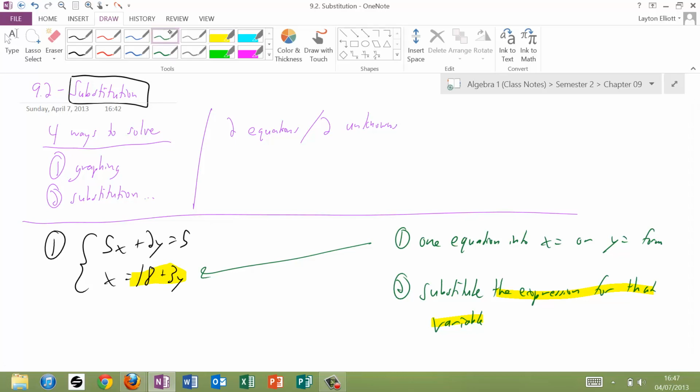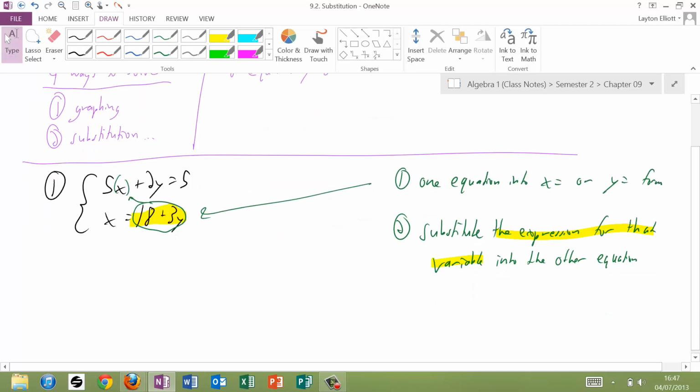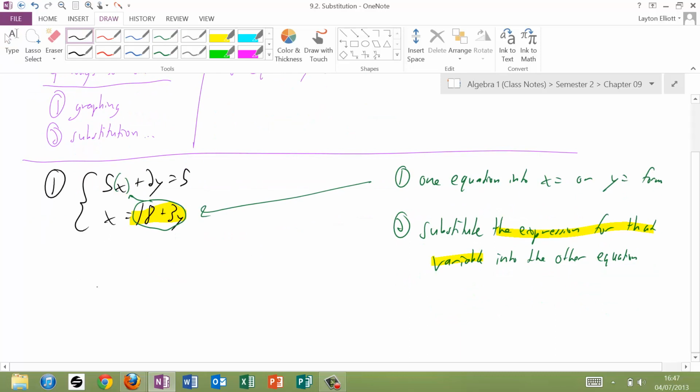We're going to substitute it into the other equation, in this case, into the first equation. So this thing is going to go in and replace the x. My next equation is to write the first equation, 5x plus 2y equals 5, but instead of 5x write 5 times (18 plus 3y) plus 2y is equal to 5.